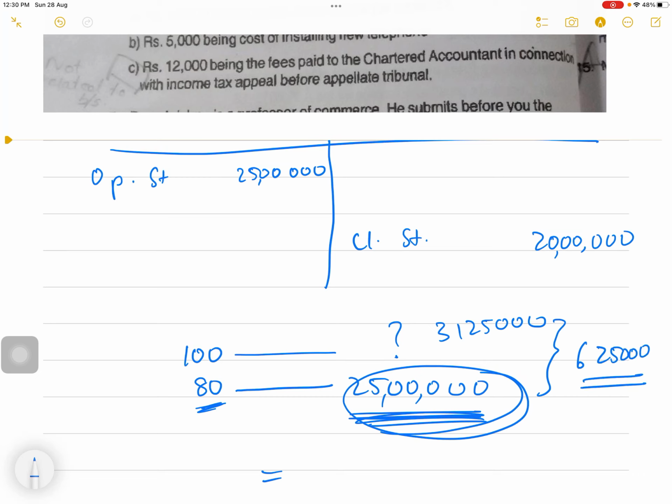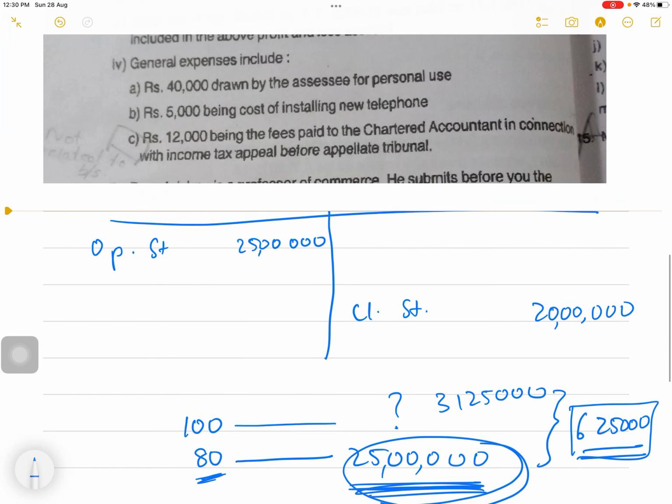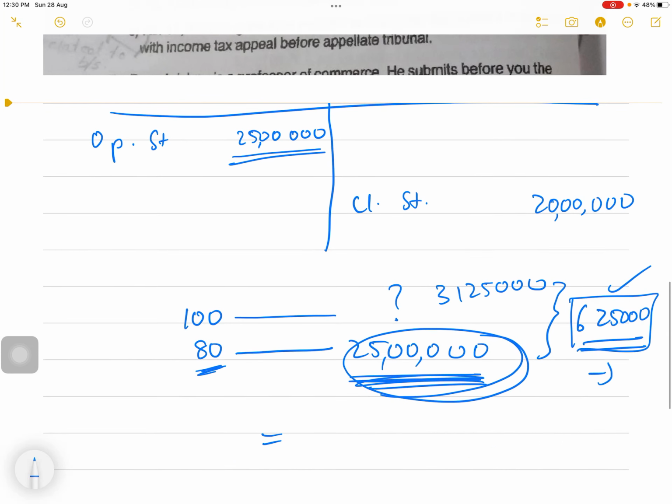This 6,25,000 expense you have not shown. This opening stock is an expense, right? The 6,25,000 expense you have not shown. You show it now. So you subtract this from your profit, because this is an expense which you have not shown.